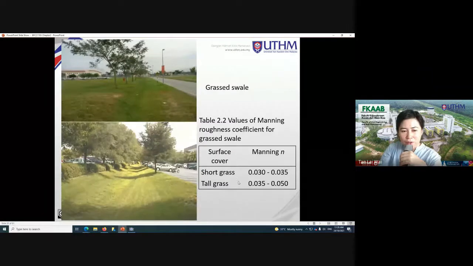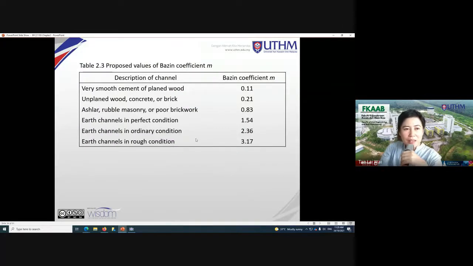So you have short grass, tall grass. Tall grass has higher Manning value. And then you have Bazin coefficient. Now for Bazin coefficient, there is a formula where you can use the Bazin coefficient to get to the Manning and Chezy coefficients.